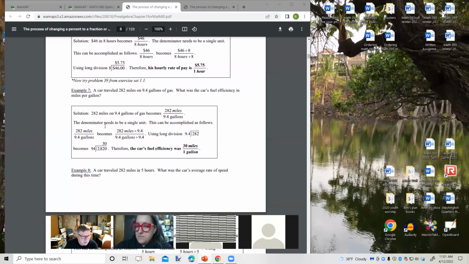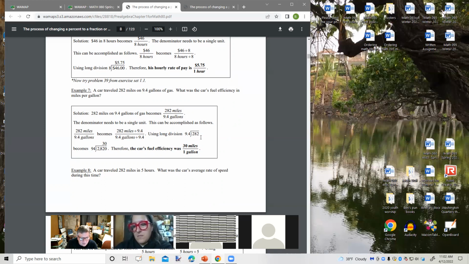Our solution, we've got 282 miles on 9.4 gallons of gas. You write it as a fraction, but the denominator needs to be a single unit. So we've got to divide both the numerator and the denominator by the 9.4, okay? 9.4 gallons divided by 9.4 is going to give you the 1 gallon. In the numerator, we've got 9.4 divided into 282.